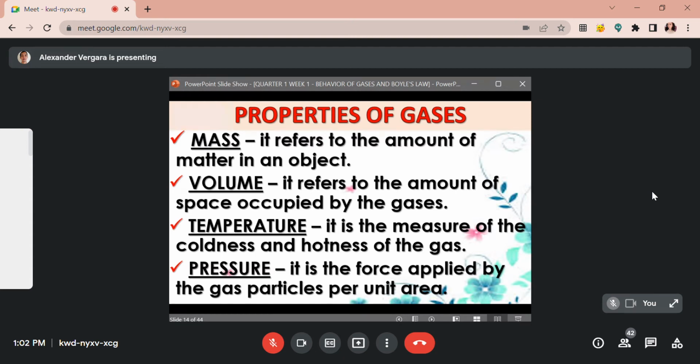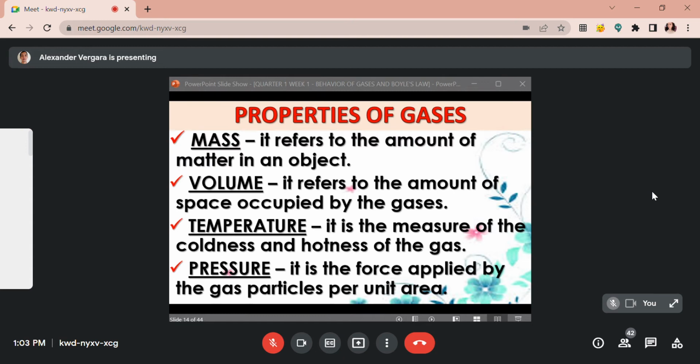What is the unit for pressure? PSI, or pounds per square inch. What else aside from PSI? Atmosphere, or what we call ATM. Any other unit for pressure? Pascal, or Pa. Very good, Denzel. We also have kilopascal.